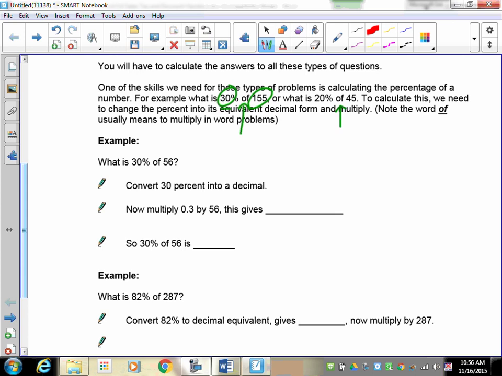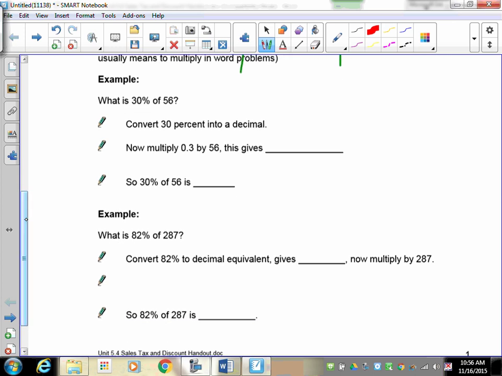So 30% of 56. Let's do that one. Convert 30% to a decimal. Again, you know how to do this. It's just 30 divided by 100, which is 0.3. Okay, now 0.3 times the 56.